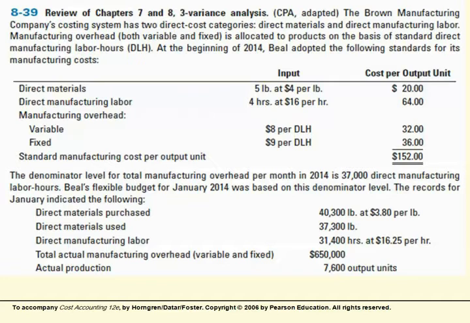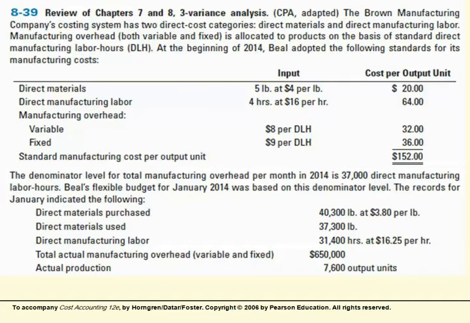Variable manufacturing overhead at the rate of $8 per direct labor hour, so will equal $32 per unit. Fixed manufacturing overhead, $9 per direct labor hour equals $36 per unit. Standard manufacturing cost per output unit equals $152.